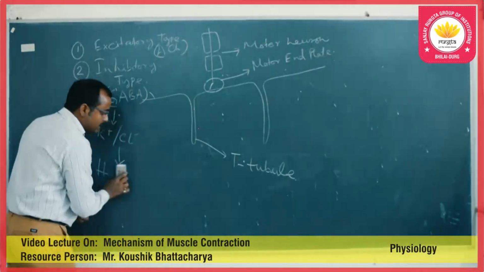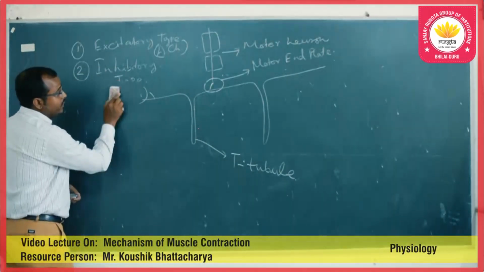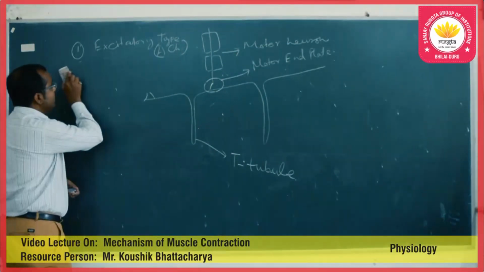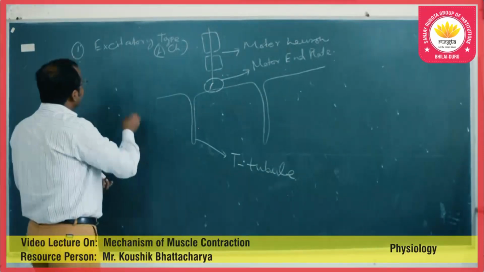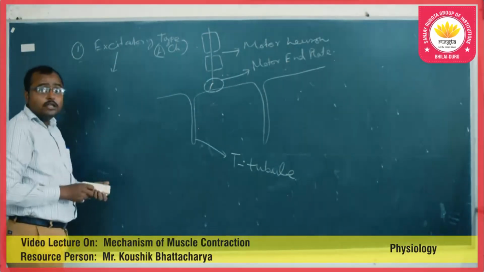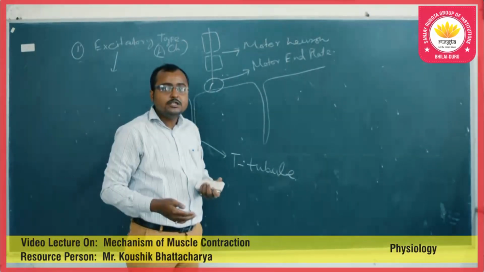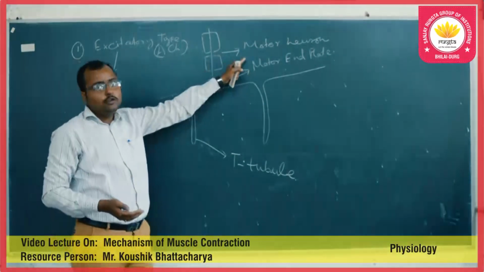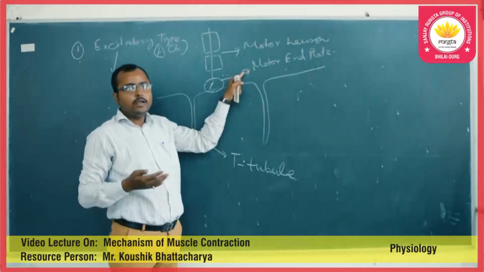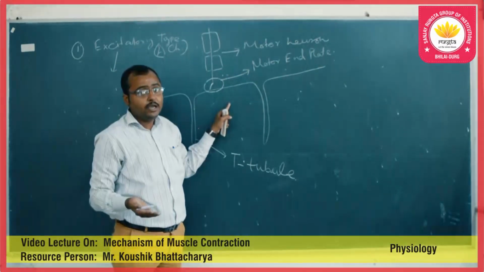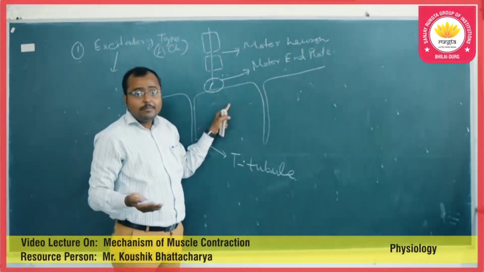The second case is very important for our molecular mechanism of muscle contraction. In the second condition, the excitatory type of neurotransmitters will be released from the neuronal terminal, that means from the presynaptic area, and they will act on the postsynaptic area. So what is the postsynaptic area here?